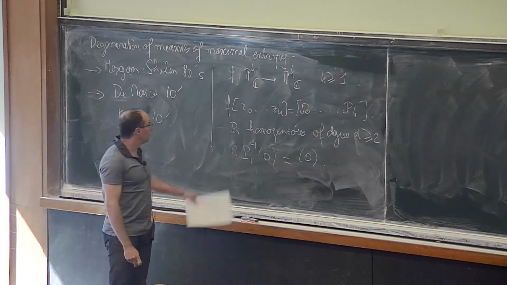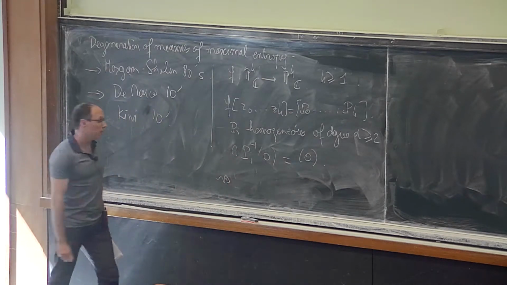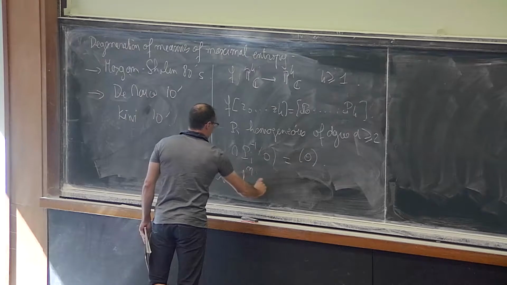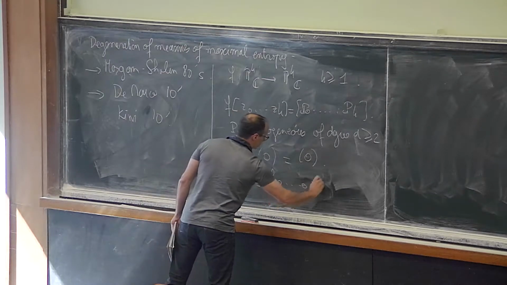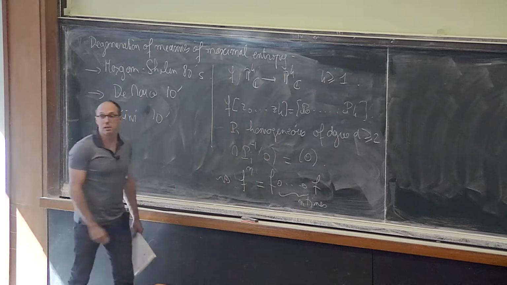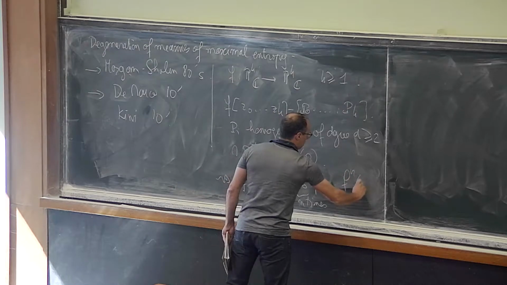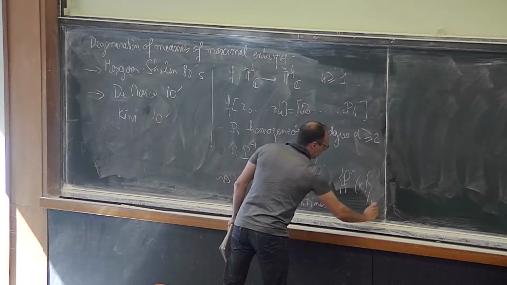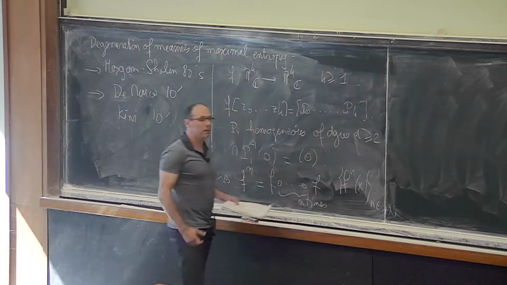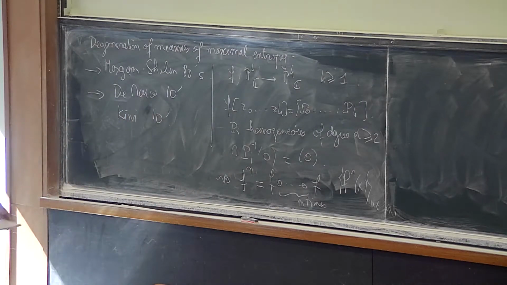Okay, so studying the dynamics amounts to looking at the iterates of this map, which I will denote by f to the power n. Usually you pick a point in P^k and you look at the orbit, the set of f^n(x) as n tends to infinity, and you try to describe what this sequence does on P^k.